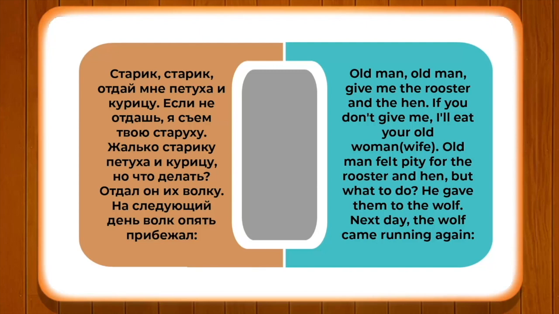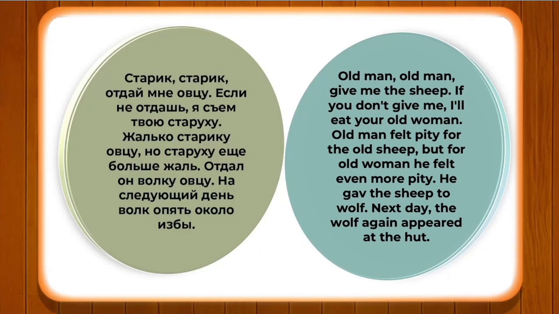But next day, the wolf came running again and says, "Hey, old man, give me the sheep. If you don't give me, I will eat your old woman." The old man felt pity for the old sheep, but for the old woman, he felt even more pity. He gave the sheep to the wolf.